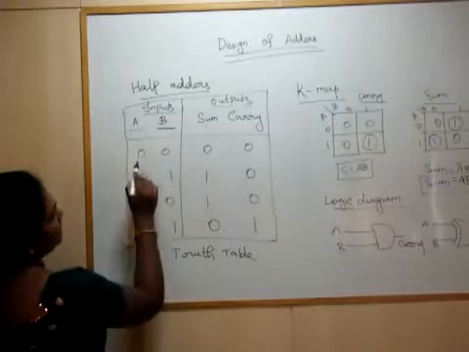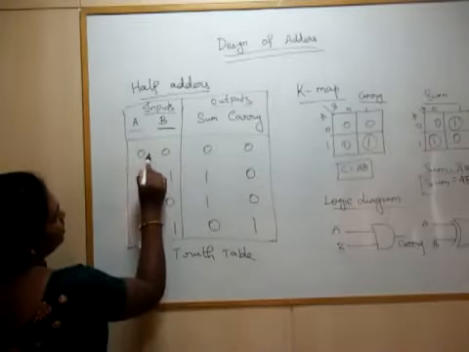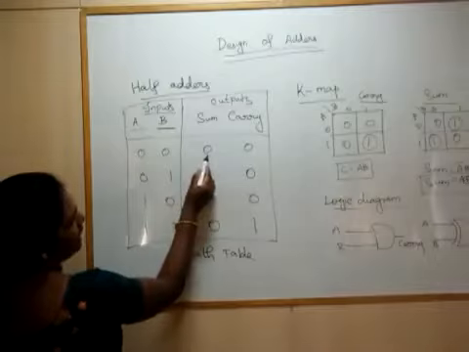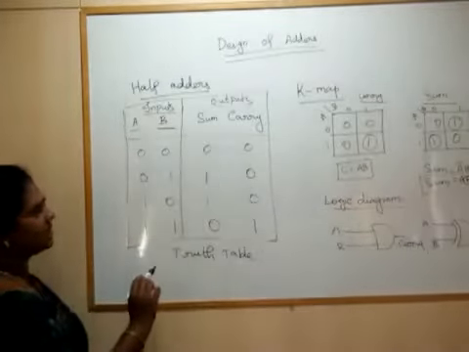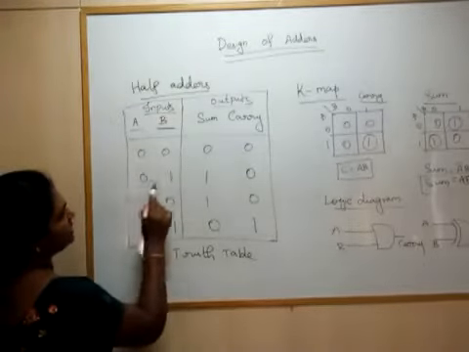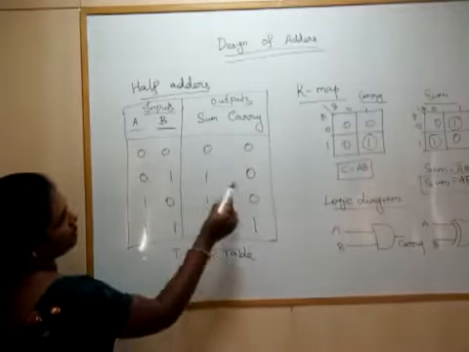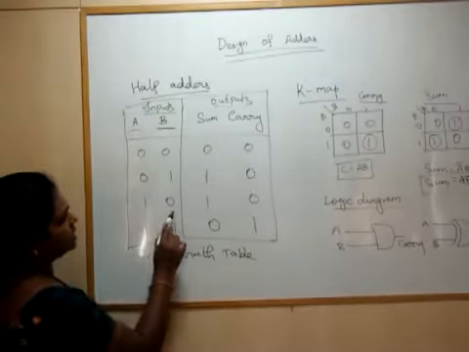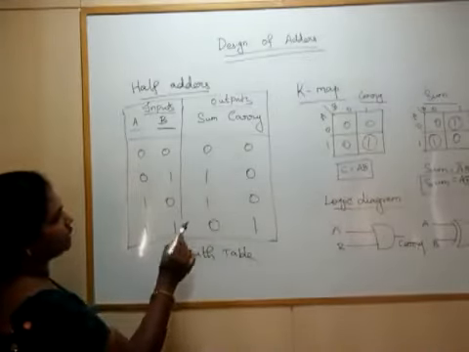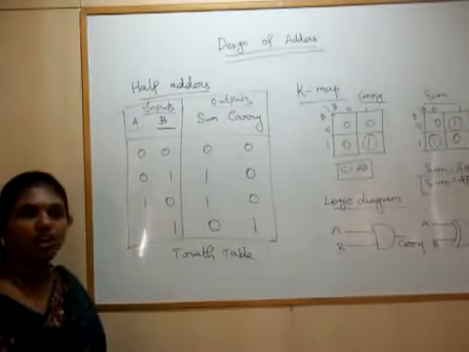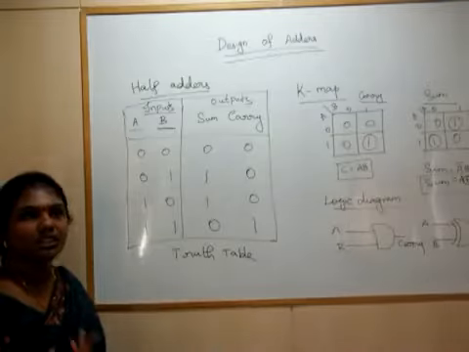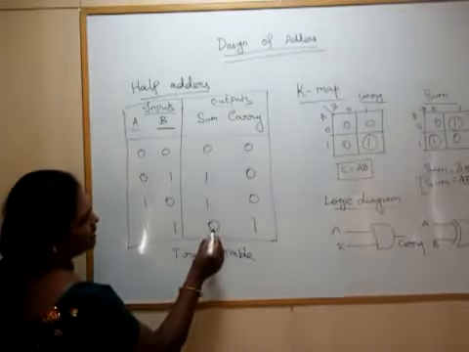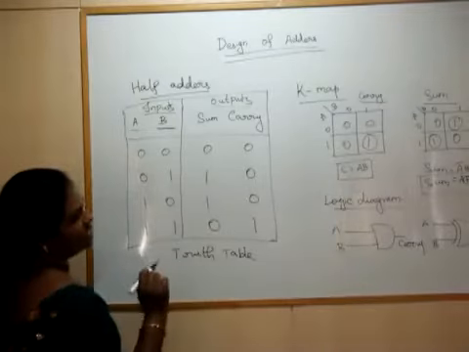If you add 0 plus 0, you will have sum as 0 and carry as 0. 0 plus 1 gives sum as 1 and carry as 0. 1 plus 0 gives sum as 1 and carry as 0. This is like normal addition in decimal. And 1 plus 1 gives sum as 0 and carry as 1.